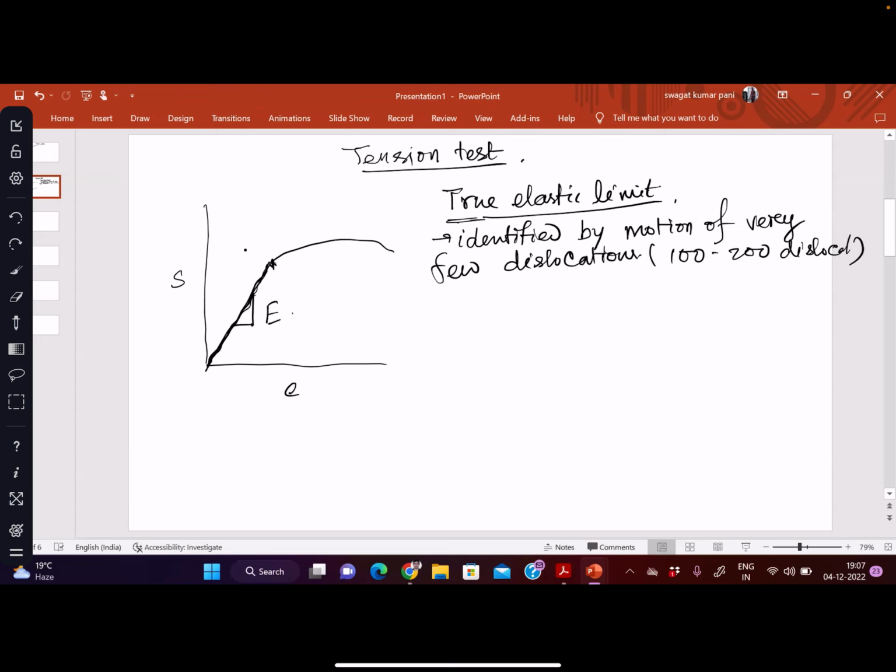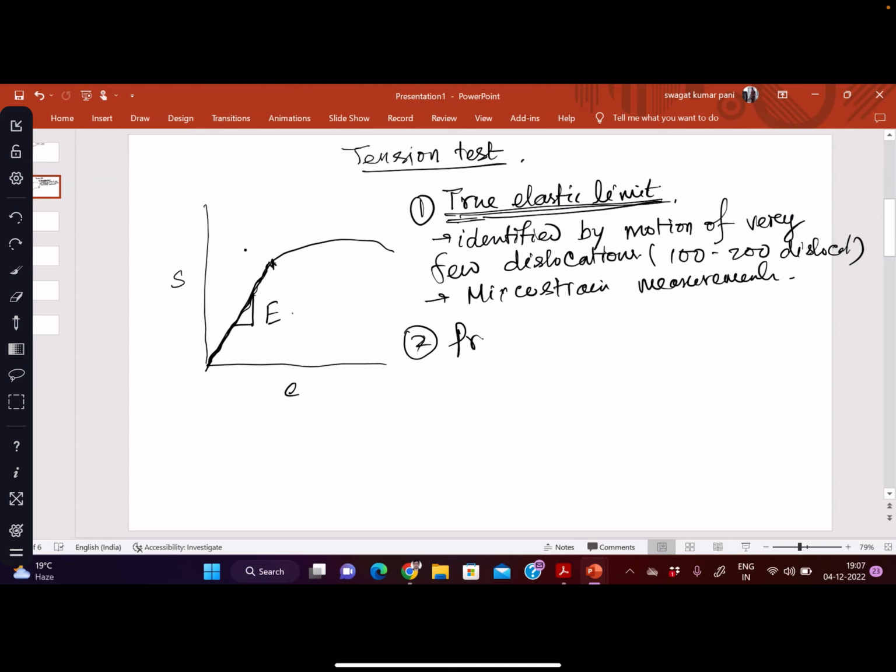So this can be measured by microstrain measurements. This is the one. Second one, just remember these terms because sometimes they ask what is the difference between this.